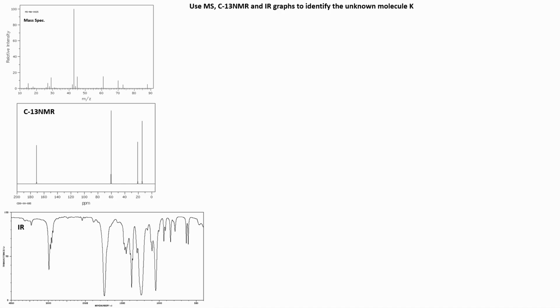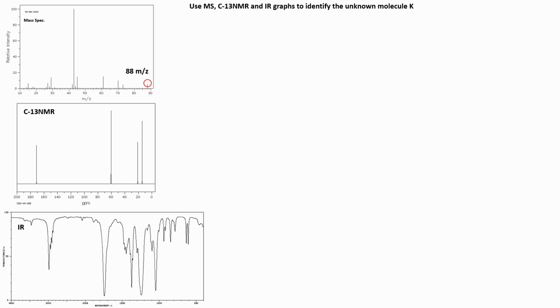Okay, so if we look at the mass spec graph for a start, we can see that the peak that is furthest to the right is at 88 m/z. Remember that the molecule has gone through the mass spectrometer and it's been charged, it's gained a positive charge, so it's the full molecule with the positive charge.